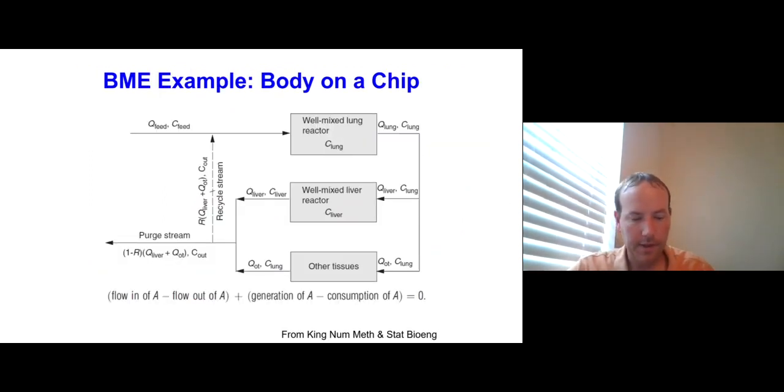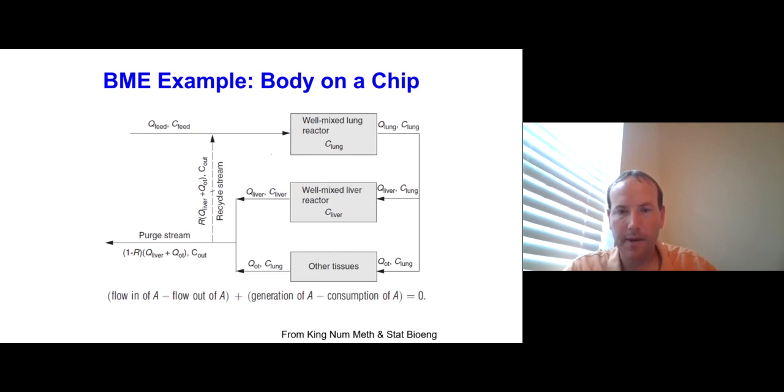Okay, so finally, we're going to look at a biomedical example where you'd exactly do this, where you would actually need to write out these systems of equations. This is an example at Cornell where they're developing these body-on-a-chip systems, and they have little microfluidic circuits in which different concentrations go into a little cell reactor composed of lung cells, liver cells, and other tissues.